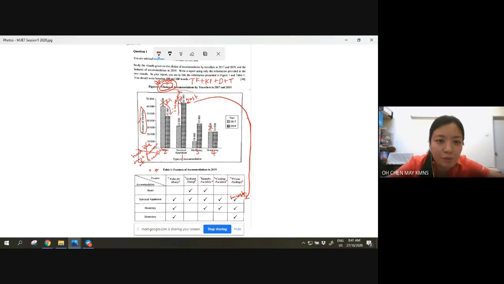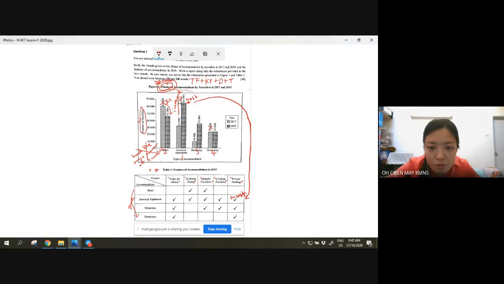I'll just repeat, maybe I got you guys confused. If you want to talk about 2017, you can say in 2017 the number of travelers, don't say hotel had the most number. Remember, say the number of travelers who chose hotel were 60,000, and this fell to 47,000 in 2019 due to only two features of accommodation, which were the same number for dormitory.